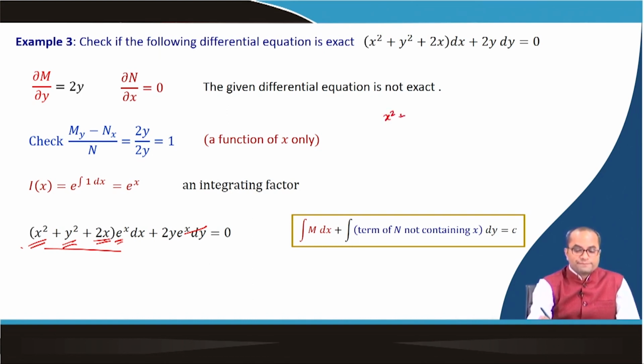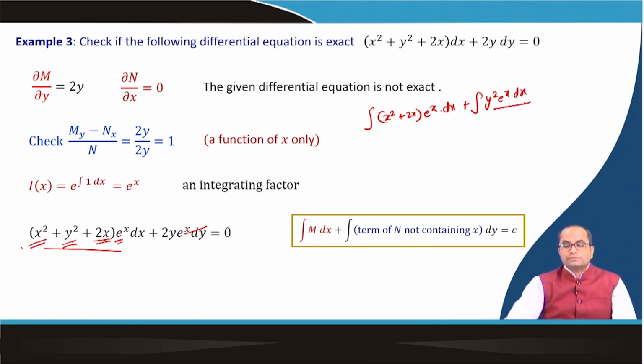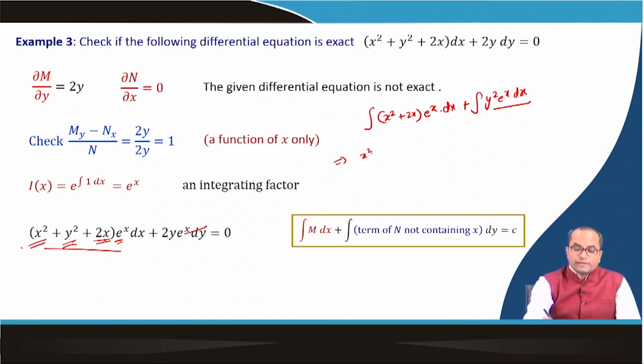We have x square plus 2x with e power x dx, where we have to integrate by parts, and there is another term which is y square e power x dx, which is easy to integrate. So, what we get here is x square plus 2x times the integral of e power x, minus the integral of 2x plus 2 times e power x dx, plus e power x y square.